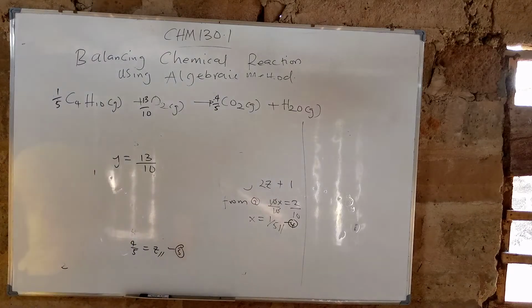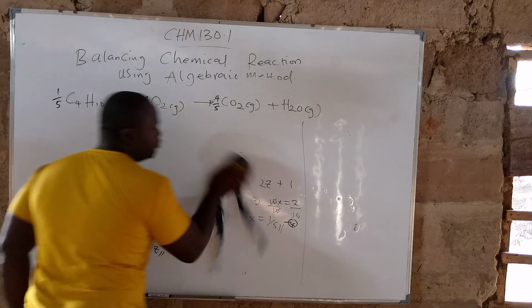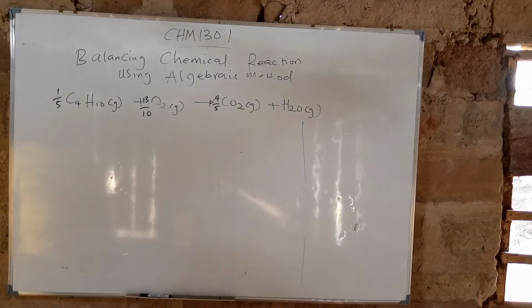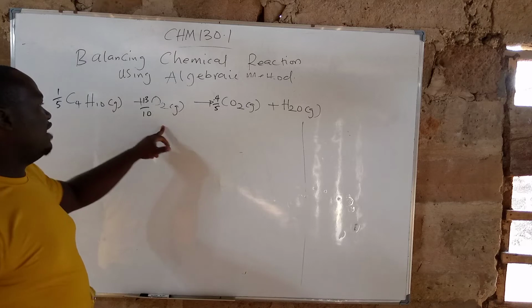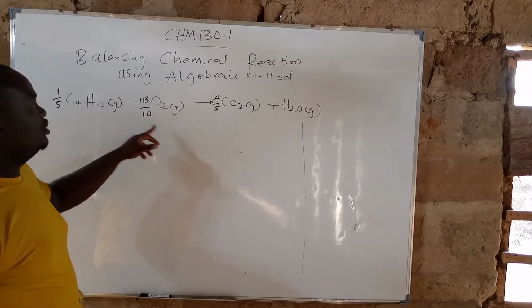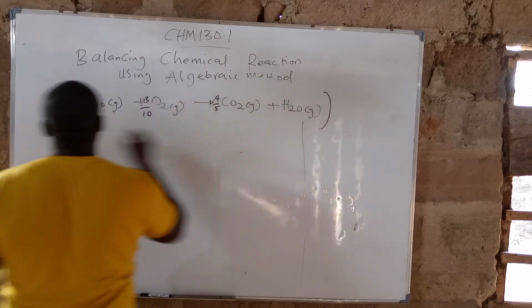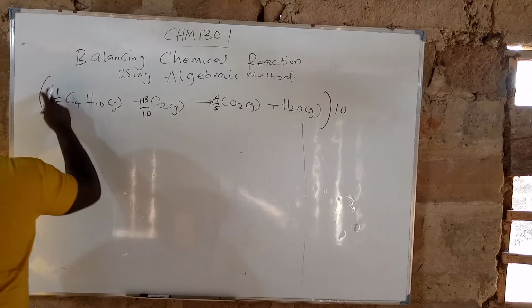And the next thing I have to do right now is I want to change it from improper to proper fraction, right? So I want to eliminate every fraction from the reaction above. You can see that if I multiply everything by 5, I will still have a fraction. So the best thing is to multiply everything by 10. So 10 comes here, you have 2, right?